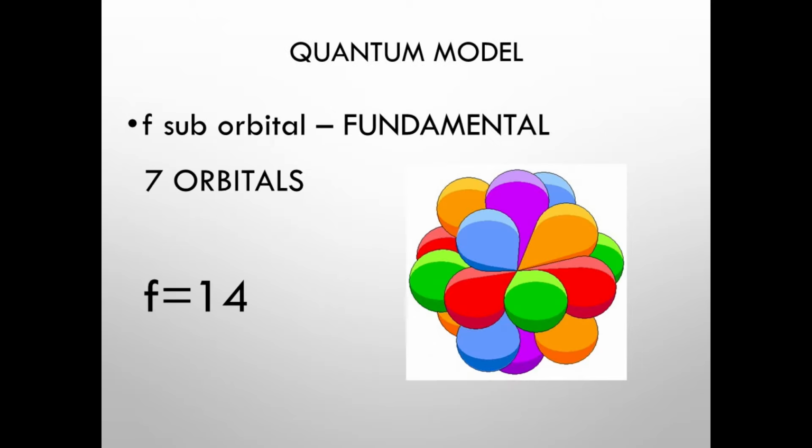F suborbital, or fundamental. It has 7 orbitals and it could contain a maximum number of 14 electrons. A regular jeepney can have 12 back passengers and 2 in front, together with the driver, with a total of 14 passengers.